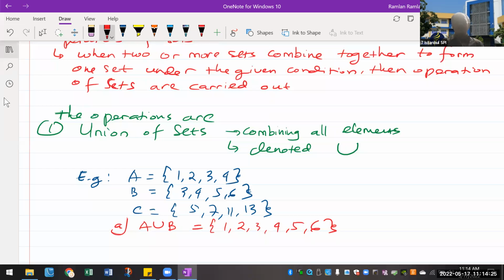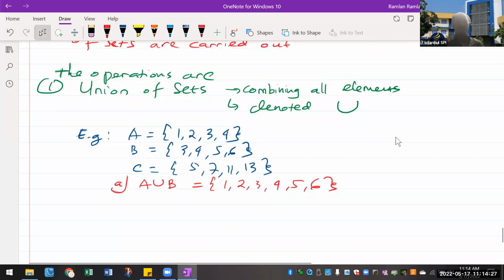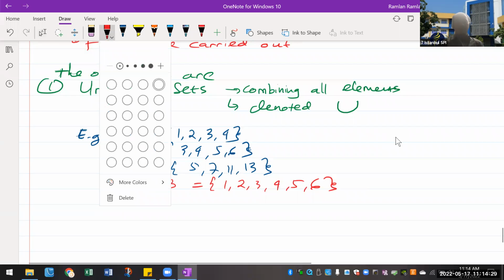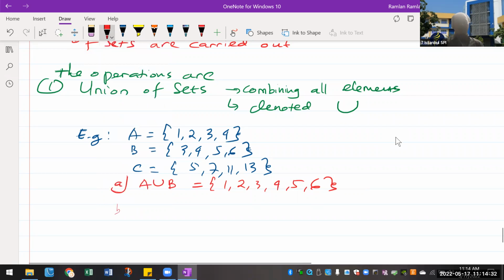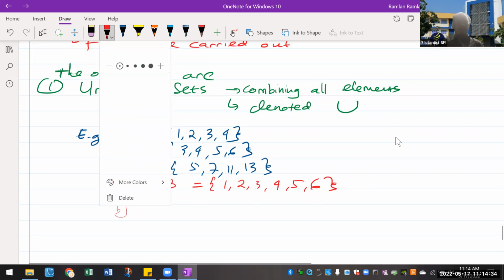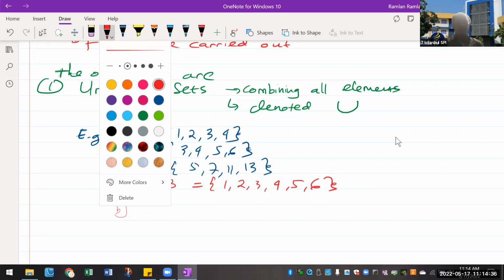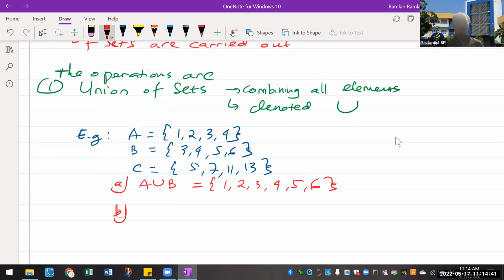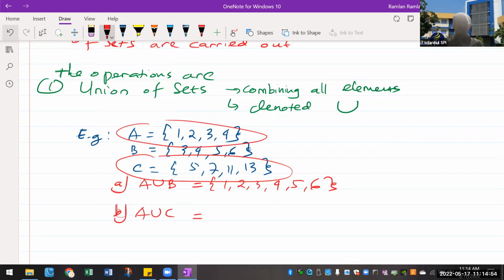The next one, question B, will be A union C. A union C is just focusing on set A and set C. Combine them all together, but make sure that all of the elements are distinct.